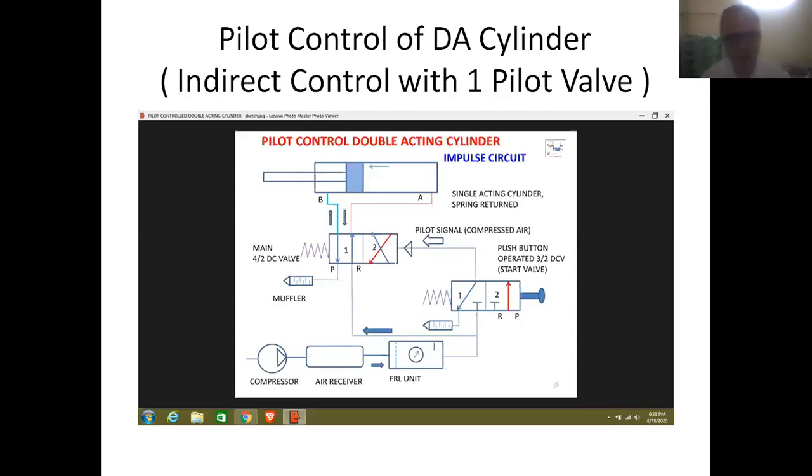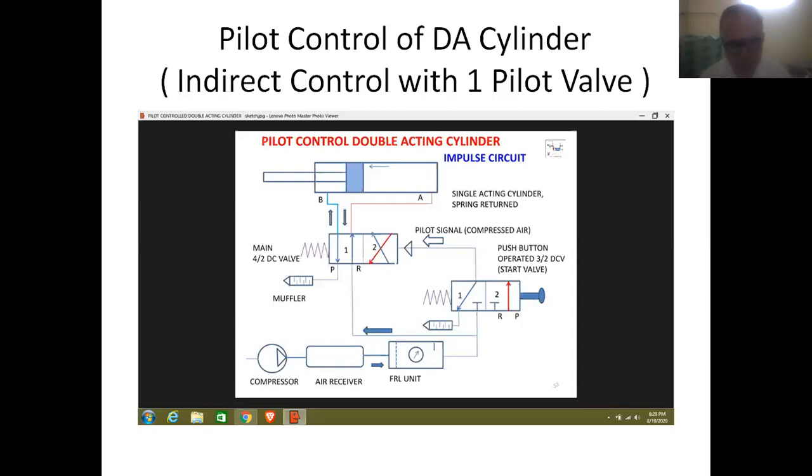Filter is placed in first position, regulator is placed in second position, lubricator is placed in third position. All these items are made in the form of a single unit. So friends, therefore, it is referred to as FRL unit.